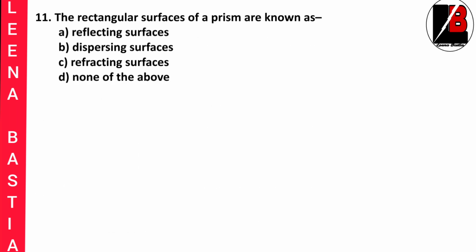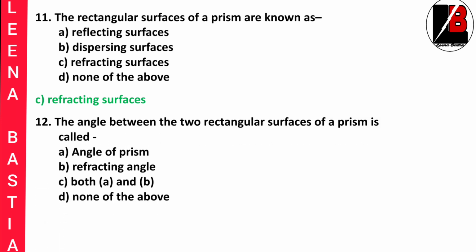Next question, question number 11 is asking that the rectangular surfaces of a prism are known as option A, reflecting surfaces, B, dispersing surfaces, C, refracting surfaces, D, none of the above. It is a very easy question, so it is a refracting surfaces. So the correct option is option C. Next question, question number 12.